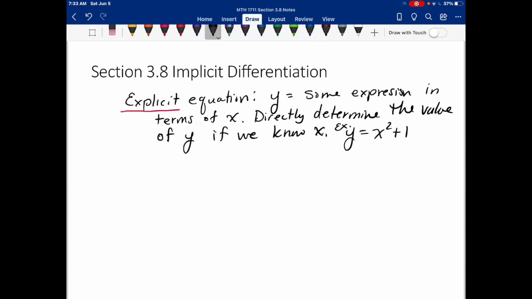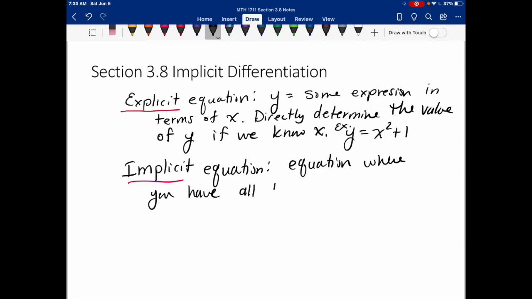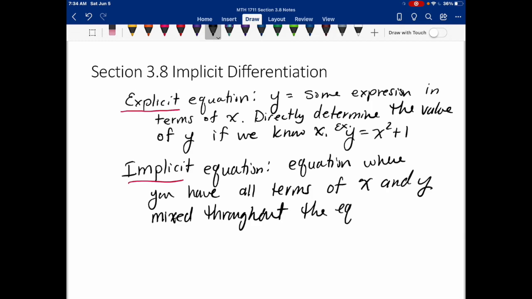Now, the new method is if you have an implicit equation, and that's when you have some kind of equation where you have all terms of x and y mixed throughout the equation, and it's not solved for y.